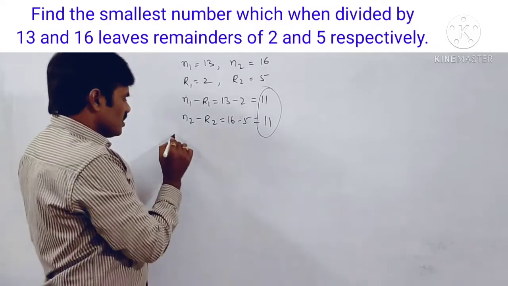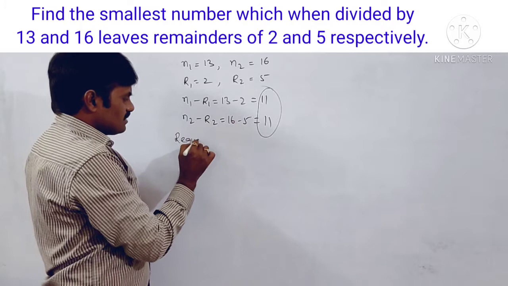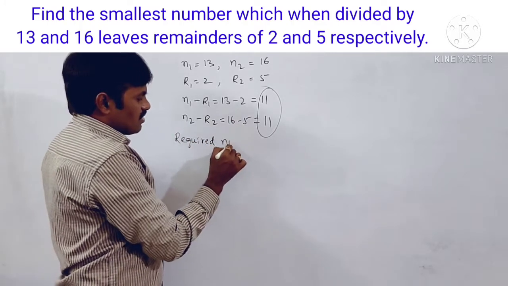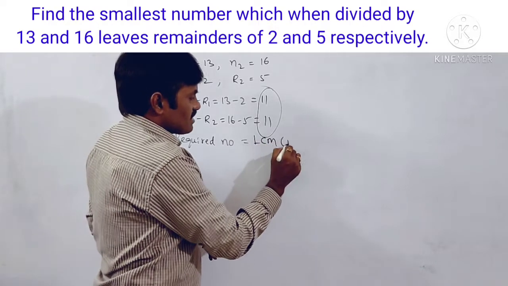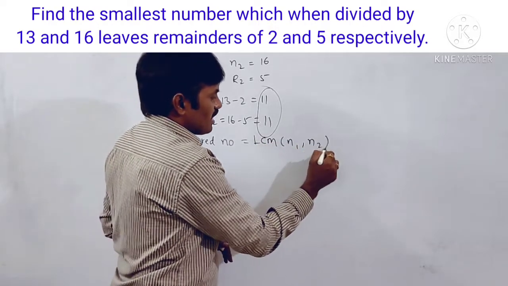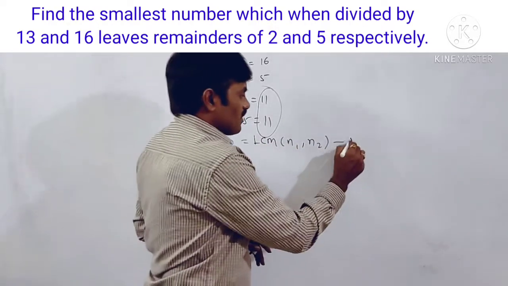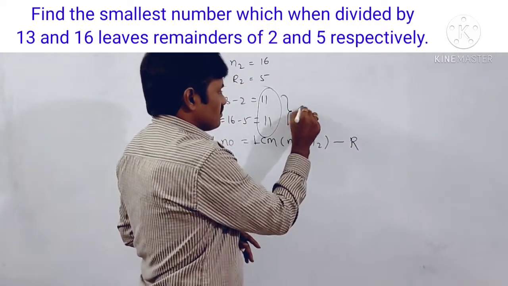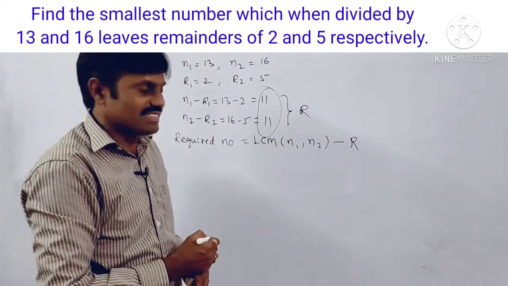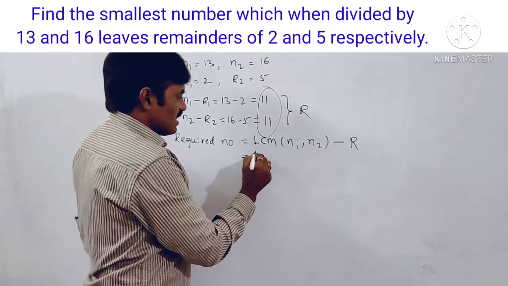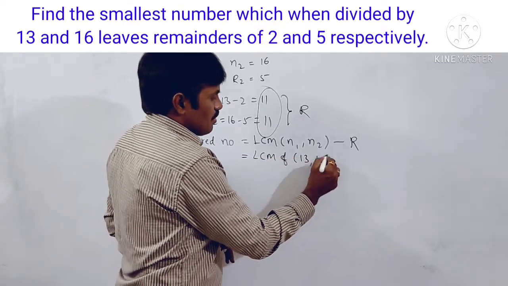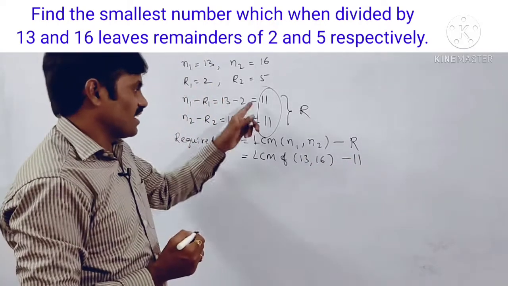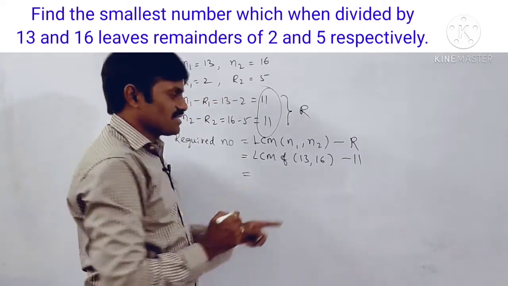Now according to our shortcut, the required number is equal to the LCM of the divisors n1, n2 minus the common difference, which we are considering as r. So the LCM of 13 and 16 minus 11.